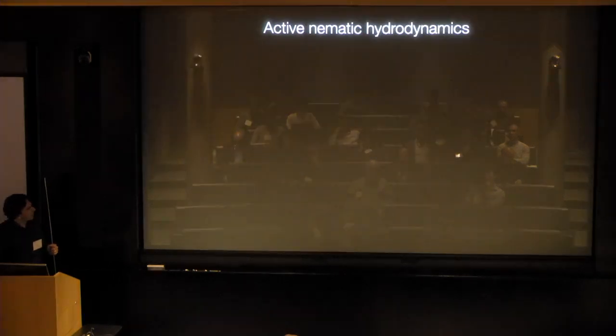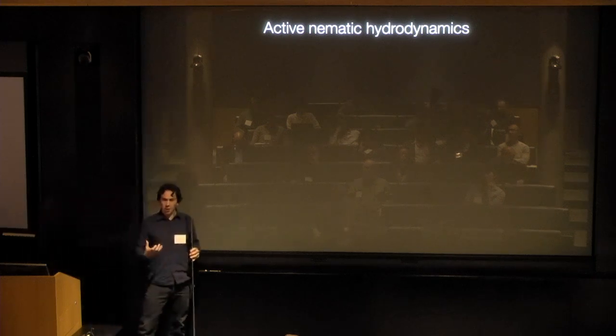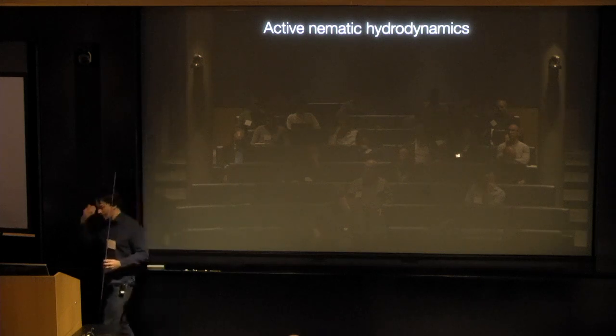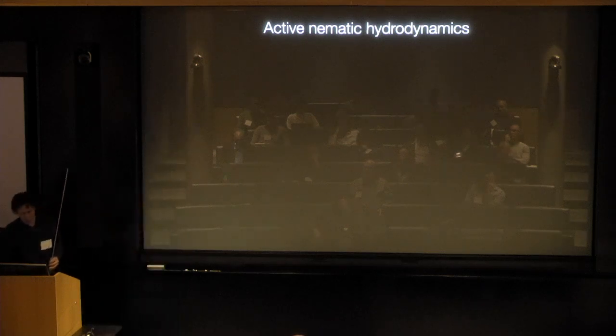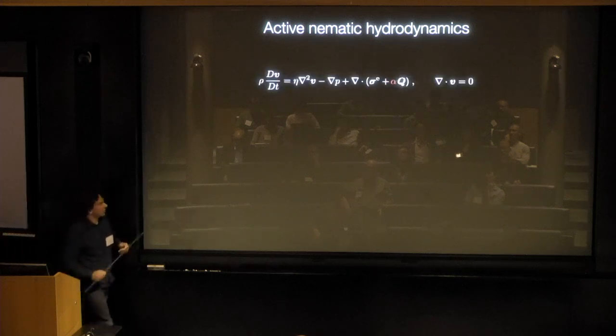Now, the hydrodynamic equations of an active nematic can be derived very much based on phenomenological principles and some common sense. Okay, for instance, the momentum density of an active nematic liquid crystal is going to obey the classic momentum density conservation law.